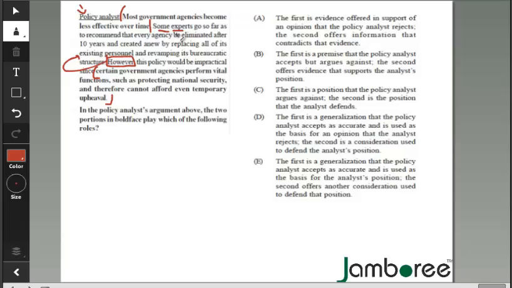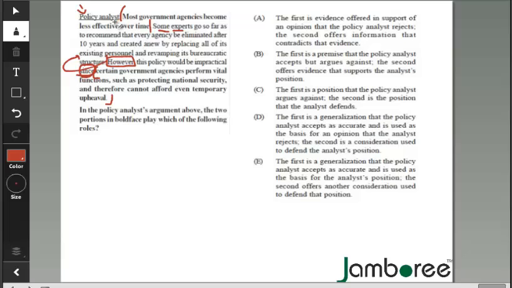If you follow what the experts are saying, it will be impractical. Since, look at the word since, it's another keyword. Whenever you have the word since, it's giving the reason why implementing the experts' policy would not be practical. Certain government agencies perform vital functions such as blah blah blah and therefore cannot afford even temporary upheaval.